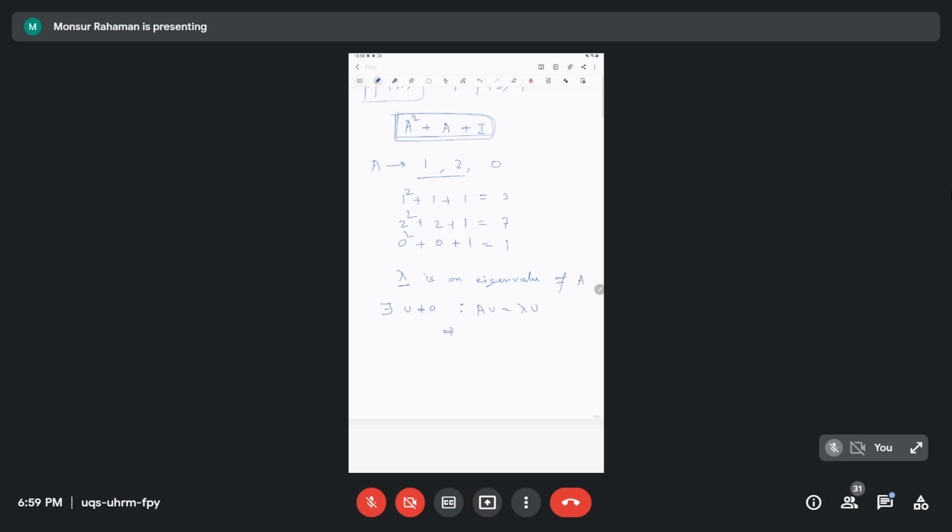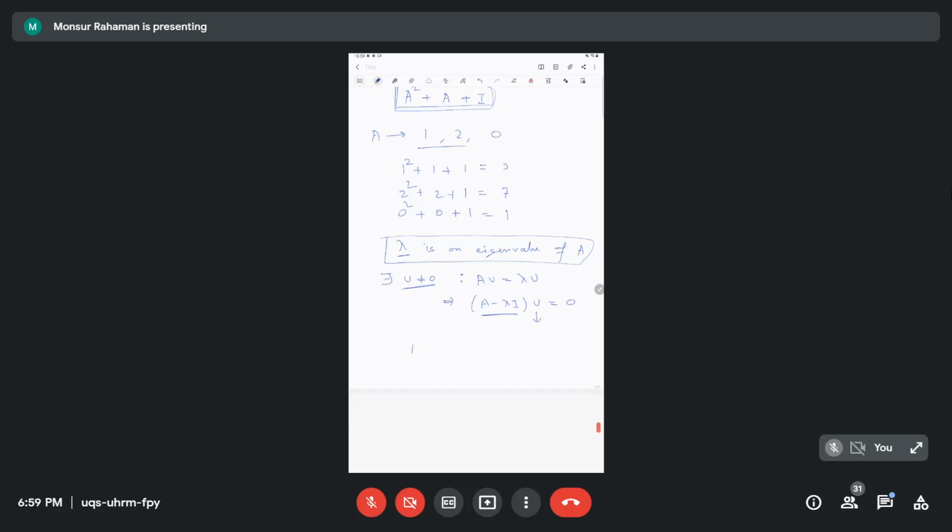From this equation, a minus lambda i times v equals 0, which means the matrix has to be singular, otherwise you cannot find a non-zero vector. So if lambda is an eigenvalue of a, you can immediately say that a minus lambda i is singular.